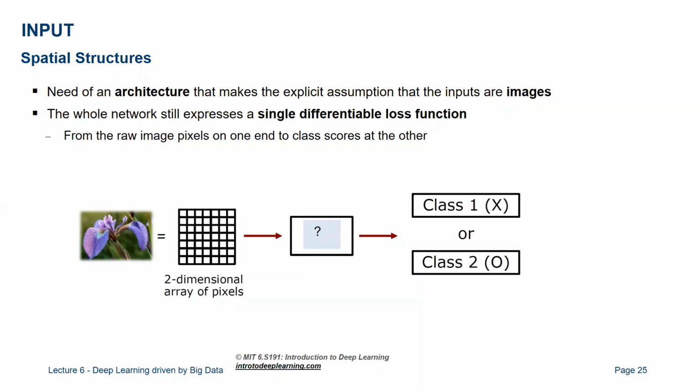An image can be represented as a two-dimensional array of pixels. So we are looking for an architecture that would be able to take into account this spatial information, in order to do the same job, the final decision, like class 1 or class 2, or the different flowers, or anything that you are interested in.